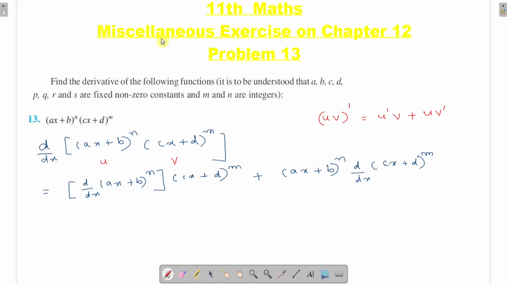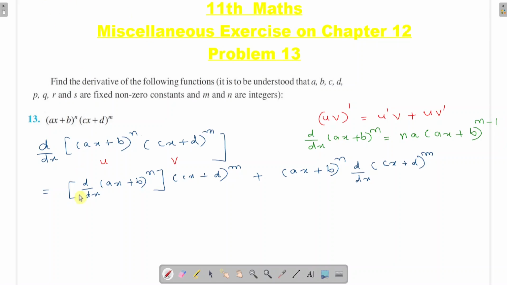Now in the previous problem we have seen the derivative of (ax plus b)^n. If you have not watched the previous video, you can watch it. We found that the derivative of (ax plus b)^n was n times a multiplied by (ax plus b)^(n minus 1).